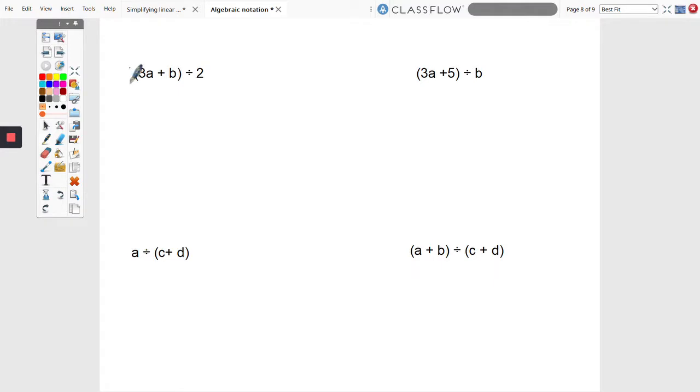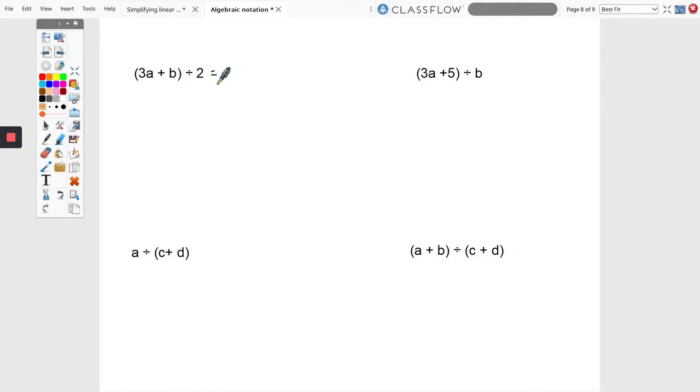Now I have to put brackets in when I write it like this, because otherwise by the order of operations, by BIDMAS, I would have to do the division first. But I have to put the brackets in here because I want to actually add 3A and B first and then divide that result by 2.